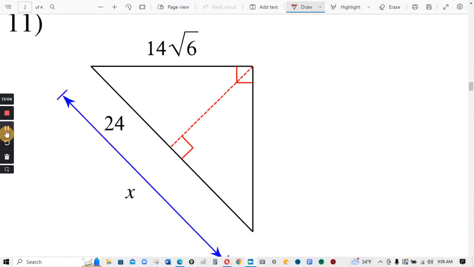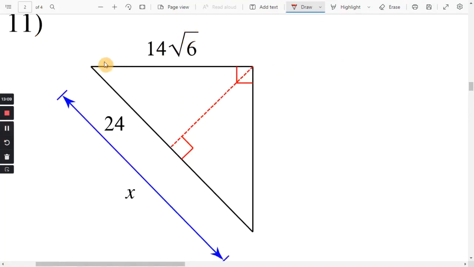All right, let's look at number 11. This right here, this side length, is a leg. And that's going to equal the square root of this times the whole thing.